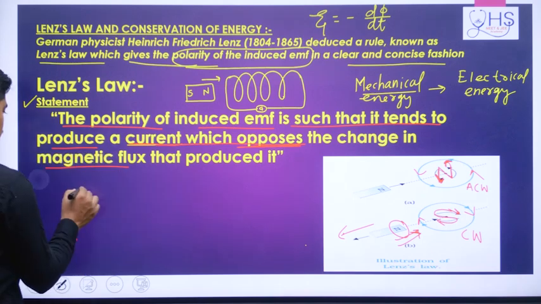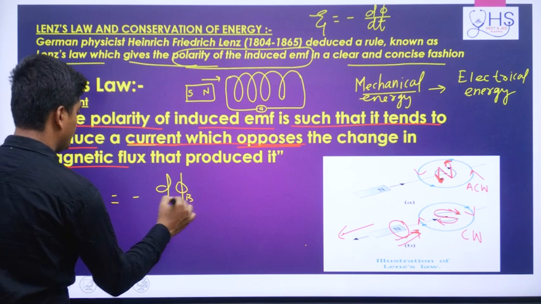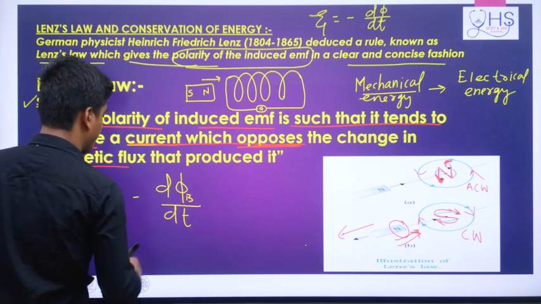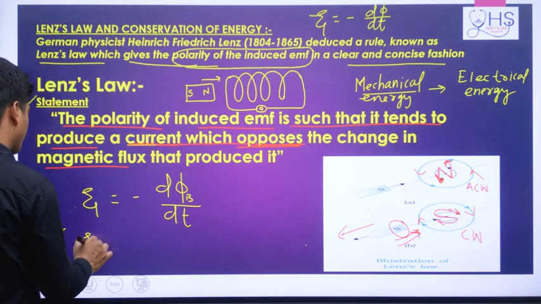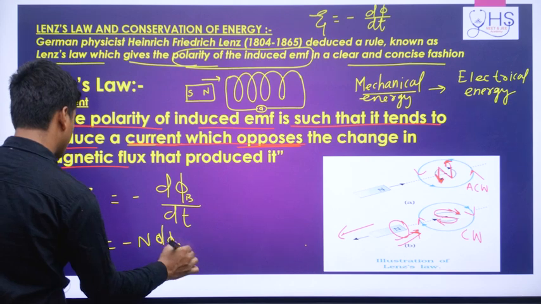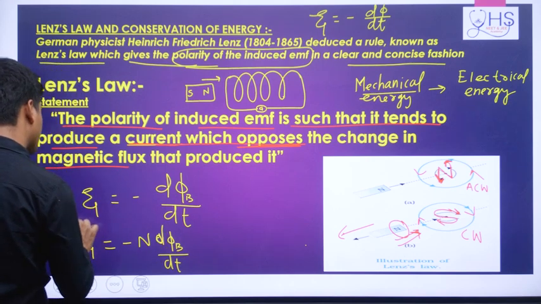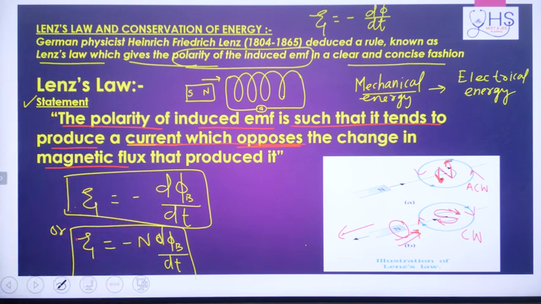EMF equals minus d phi B by dt. Or sometimes you can also write EMF equals minus N d phi by dt. If N number of turns are there, then this is the formula, or if a single turn is there, then this is the formula you can write.